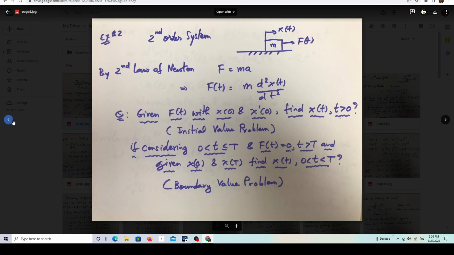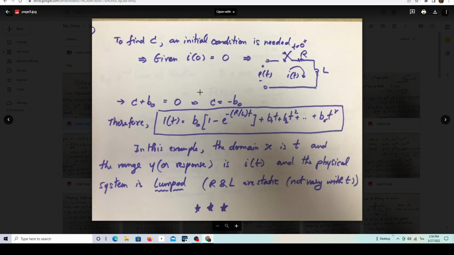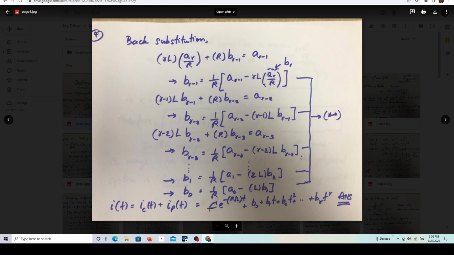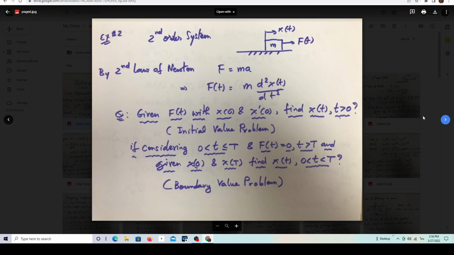Look back at the first order equation: you only need one initial condition because there's only one constant value to find in the complementary solution. But for the second order equation, you need two initial conditions. Why?